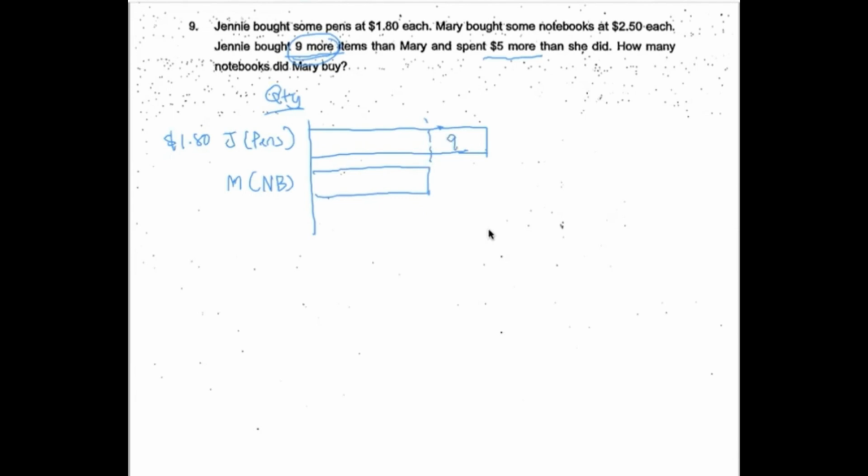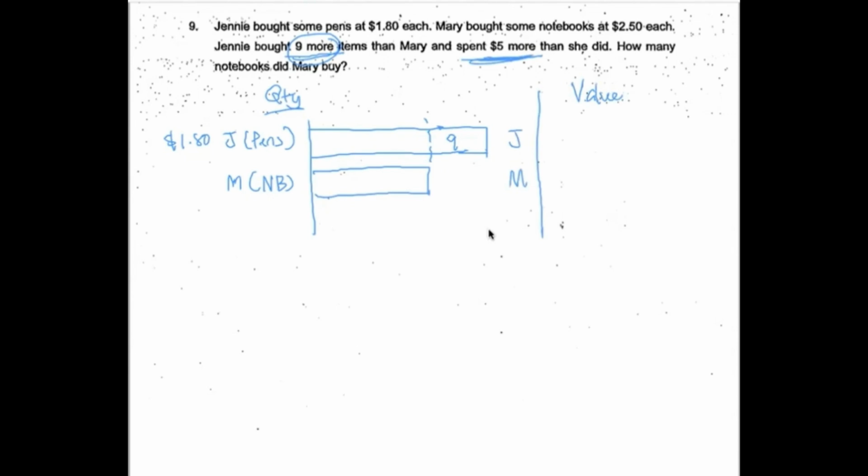Now let's look at the value model. Okay, so these two are Jenny and these two are Mary. Remember, Jenny only bought pens. The statement says Jenny spent $5 more than Mary.